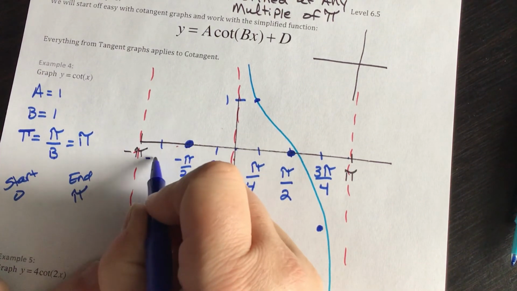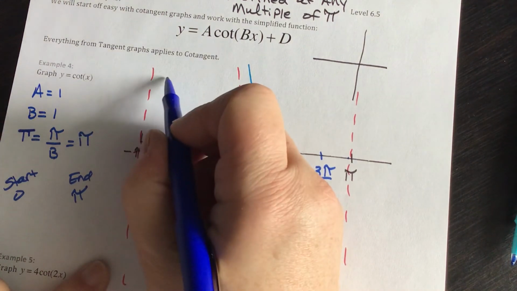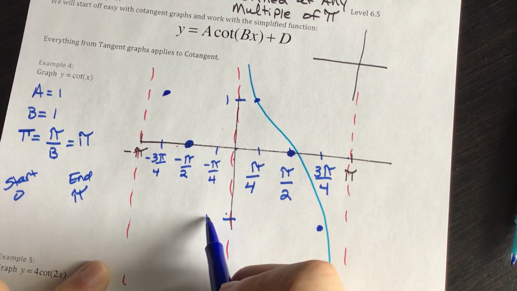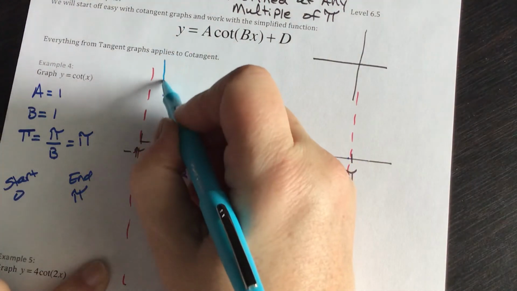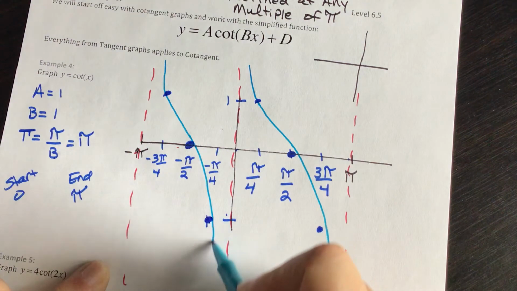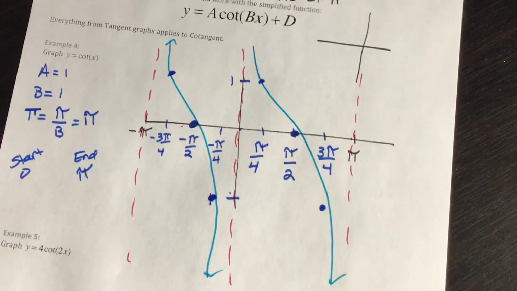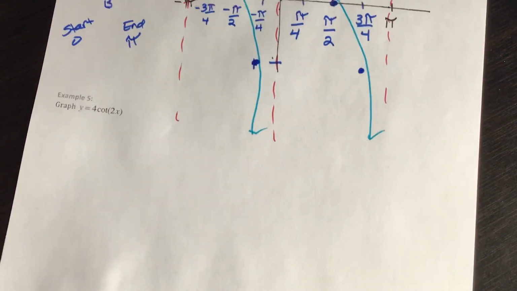This would be negative 3 pi over 4, and here I'm going to have a 1, and this is a negative 1, and it will look like that. All right, so cotangent of x, this is our graph.